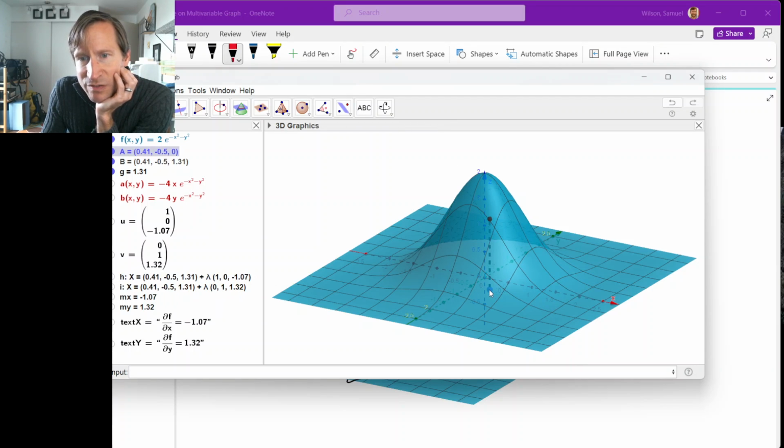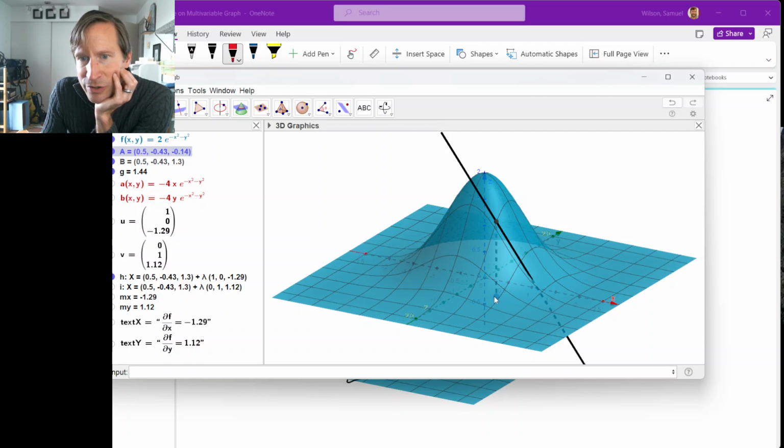As we move this point in the x direction, this point is moving along this cross-section of the graph, and that cross-section of the graph has this tangent line.